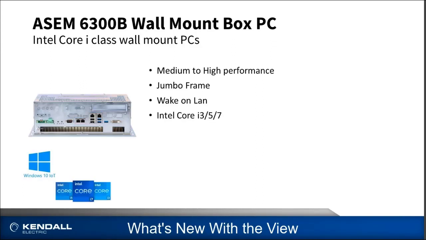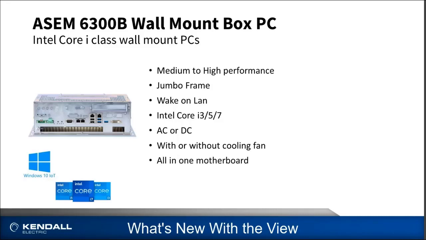These come with Intel Core i3, 5, or 7 processors, are available with AC or DC powering options, can be purchased with or without a cooling fan, and have an all-in-one motherboard with expansion capability through additional PCI slots. This is also Thin Manager software compatible, permitting dual use as a PC or a thin client.